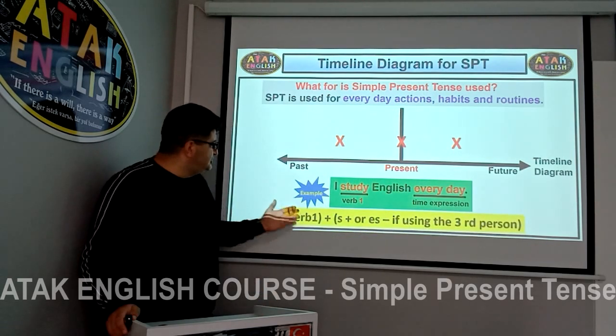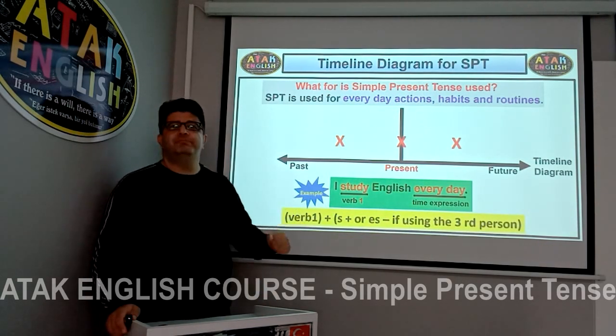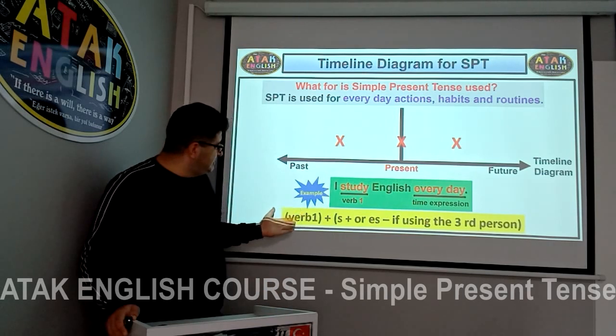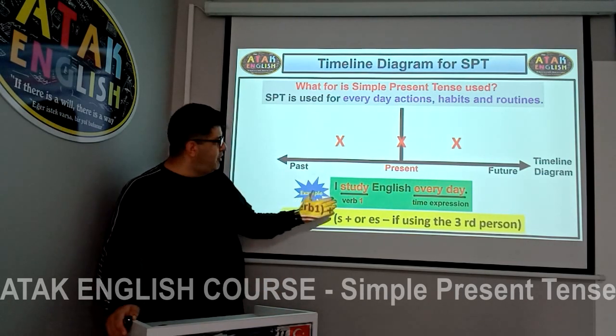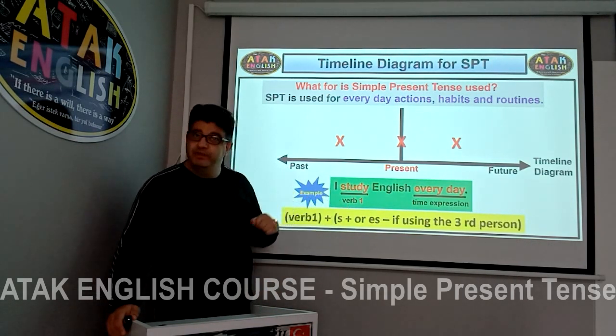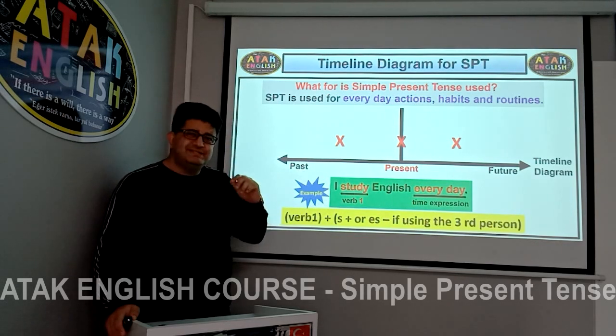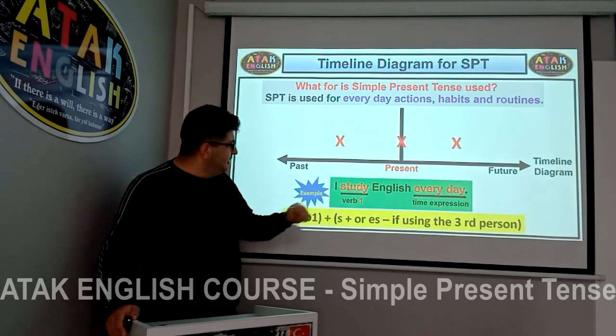Here comes another question. What is our word format? Okay, we talked about it. Our word format should be verb 1. But there's something different here.